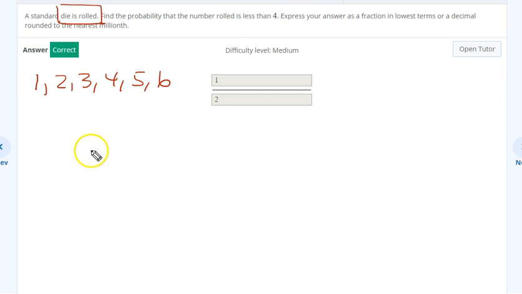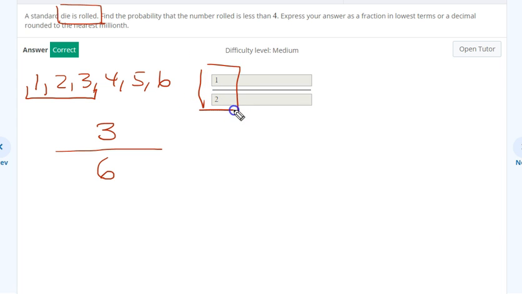Well, there's your standard field, and there's 6 items, and that is going to be less than 4. We have 3. So 3 out of 6 is 1 out of 2. Now they're saying this is medium, but to me this is one of the easier ones.